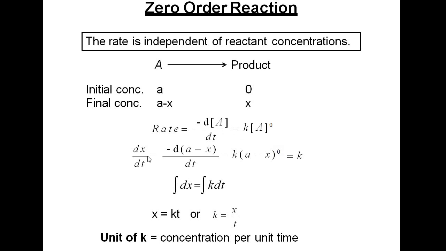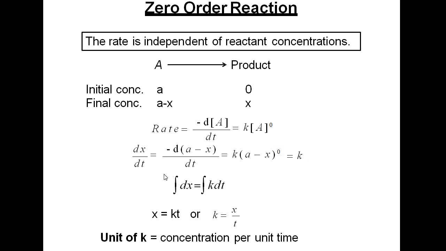Then dx upon dt is equal to minus d upon dt (a minus x). a minus x means the concentration of the reactant after time t. Then it will be equal to k into (a minus x) raised to power 0. Anything raised to power 0 will be equal to 1. Then dx upon dt is equal to k.